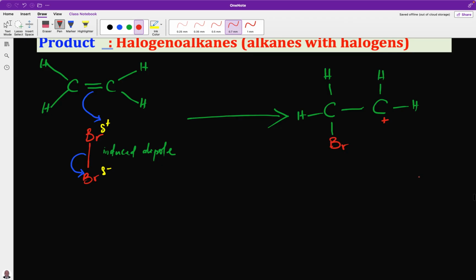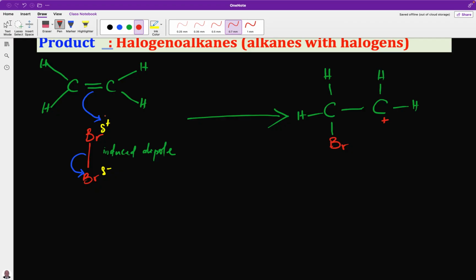So once more, the bromine molecule is a non-polar molecule. Around the carbon-carbon double bond there is a cloud of high electron density of the pi electrons. So as the bromine molecule approaches the ethene molecule, what happens?